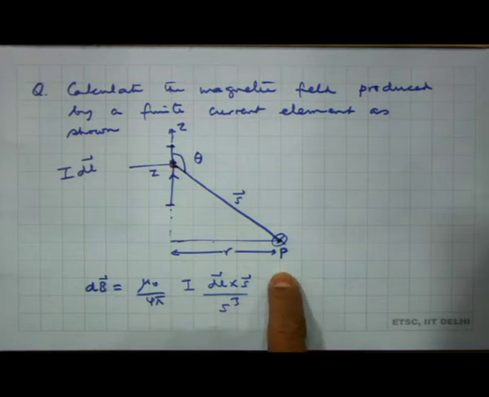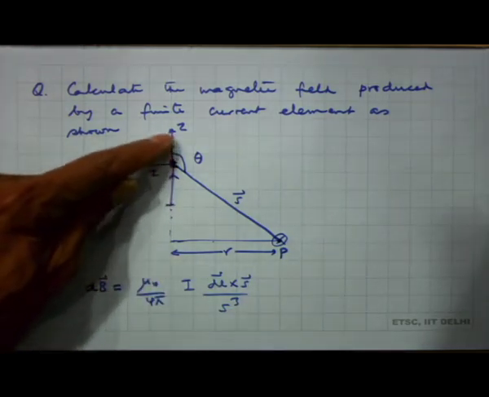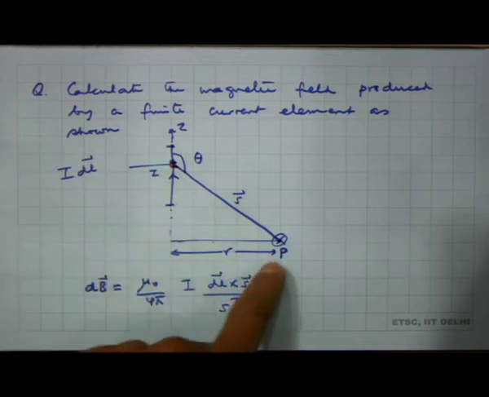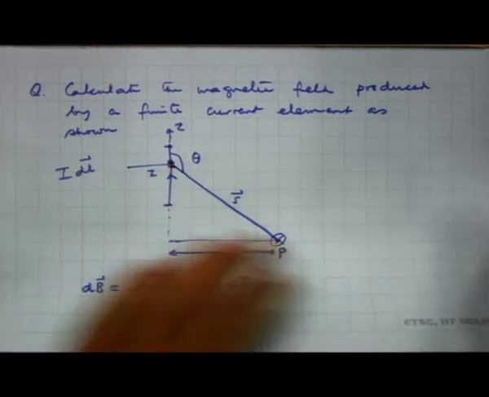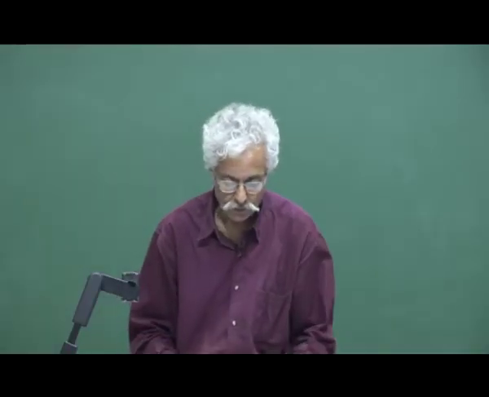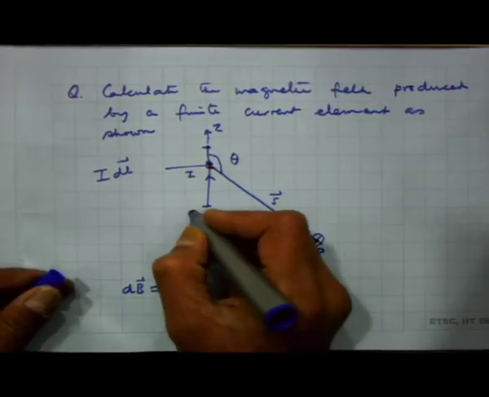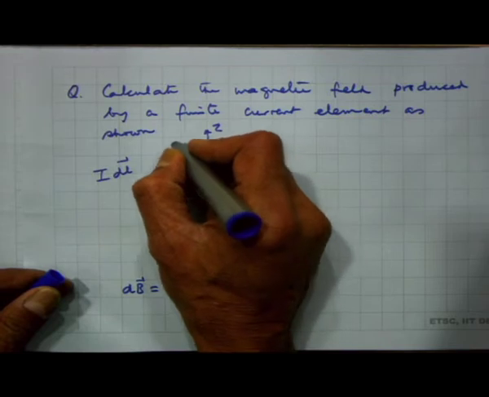Each current element in this length will produce a magnetic field pointing inwards, and that helps me to sum up all the magnetic field components. So, the total magnetic field I will calculate by integrating from this point. Let me call this z1 and the coordinate of this z2.